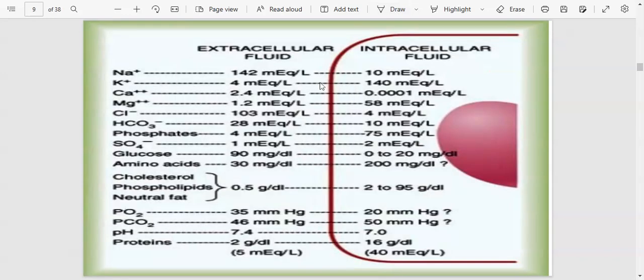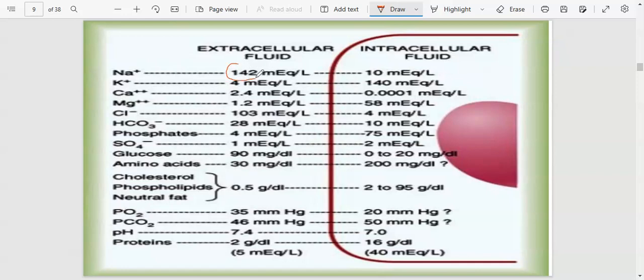All right. So when you're talking about extracellular and intracellular fluids, each of them has its own values of ions and these other body electrolytes. When you're talking about the extracellular fluid, that's the fluid found outside the cell, we are going to see that sodium is much higher.